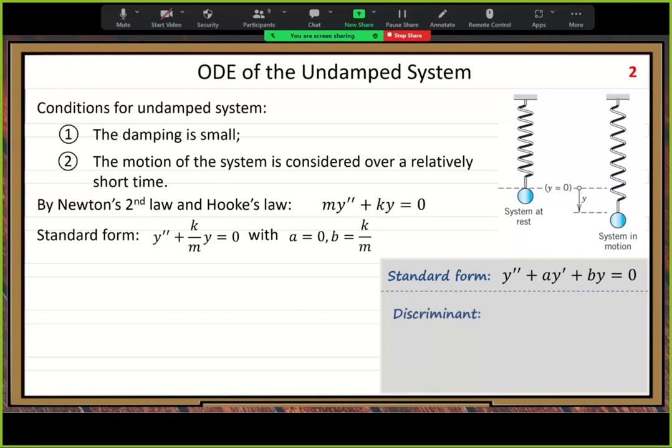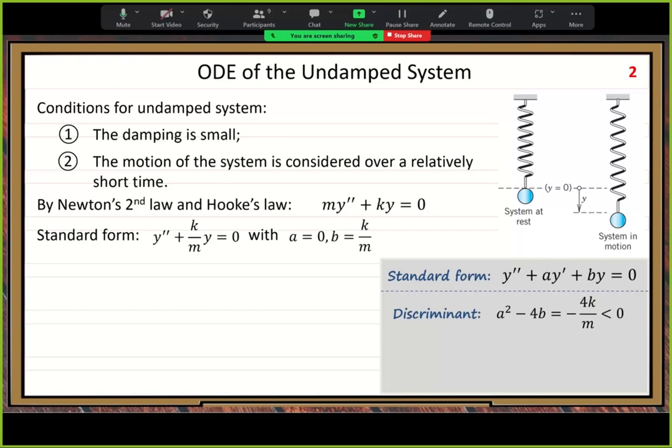Then, which of the 3 cases do we have here? We calculate the discriminant. Last time I mentioned this word discriminant, and I went back and checked. It's called the discriminant. So let's calculate it. It is defined as a squared minus 4b for this particular equation.